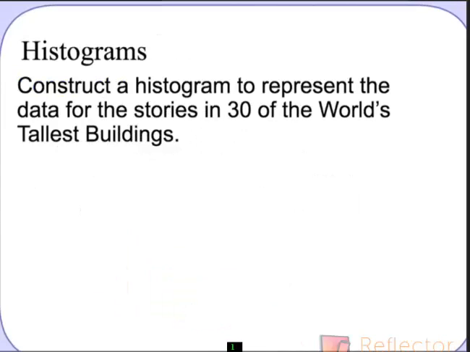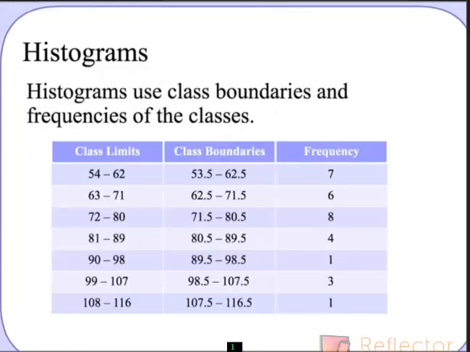Recall from our previous lesson where we constructed a frequency distribution for 30 of the world's tallest buildings. Now we want to represent this information in a histogram. Let's look back at our frequency distribution.